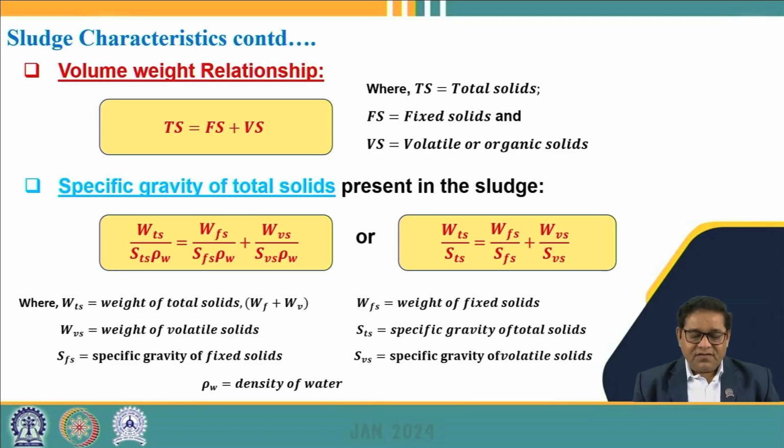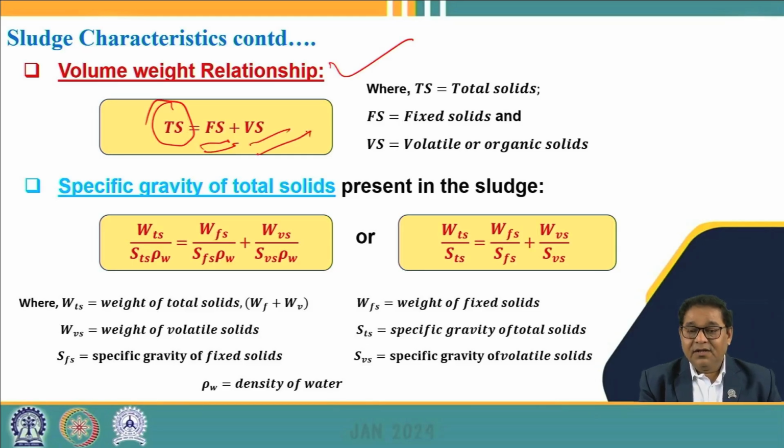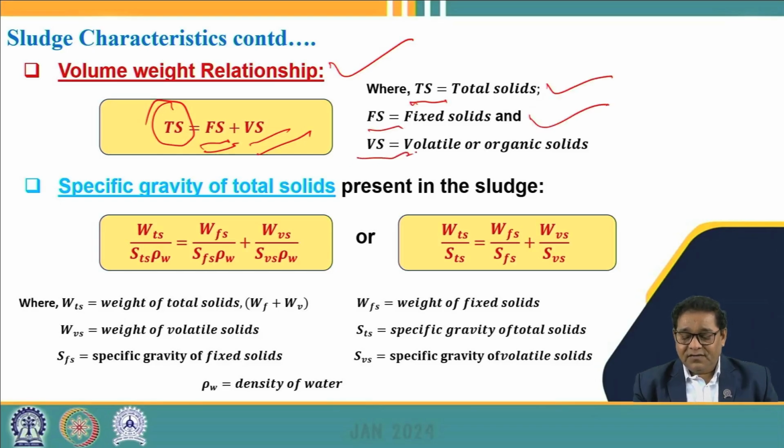Then let us discuss the volume-weight relationship. So here, the total solids present in the sludge are basically the sum of the fixed solids and the volatile solids, where TS represents the total solids, FS represents the fixed solids, whereas VS represents the volatile or organic solids.